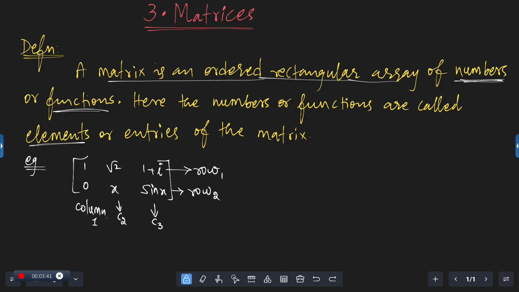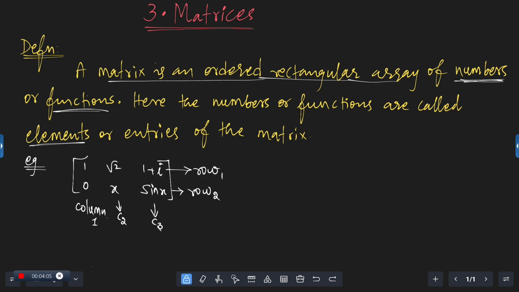The next one column number 3. So now based on row and column we can read the numbers. First row second element, listen carefully. First row second column, this is first row second column. Like that they will be identifying.